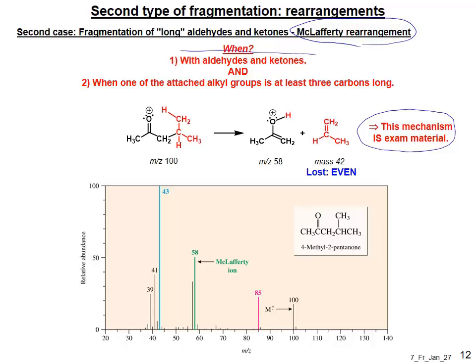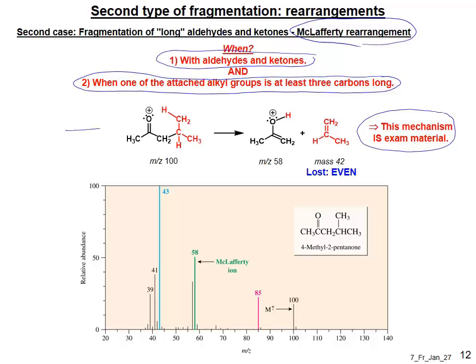So it applies to aldehydes and ketones, but not only aldehydes and ketones, they have to have an alkyl group that's attached to the carbonyl group that's at least three carbons long, so that we can have the mechanism that is going to be shown here operative. Now, you'll see that it looks a bit weird at first, because you've never seen this rearrangement, and you've never seen this mechanism. But it is very, very common.